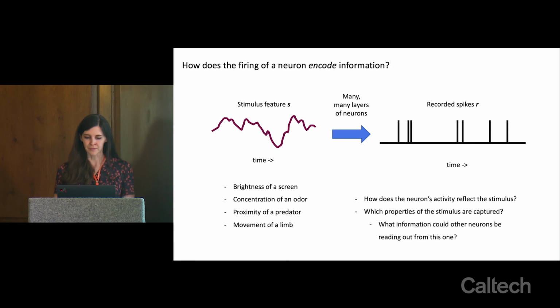So this afternoon, we're going to talk about the encoding of information by neurons. You have a stimulus feature that is translated in the brain to the spiking of a cell through many, many successive layers of nonlinear spiking neurons. And we want to understand how the neuron's activity reflects the stimulus, in spite of the fact that we don't know a lot of the layers of processing of that stimulus by the time we get to that neuron.